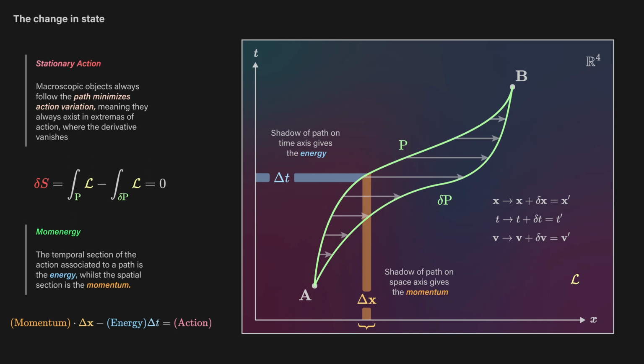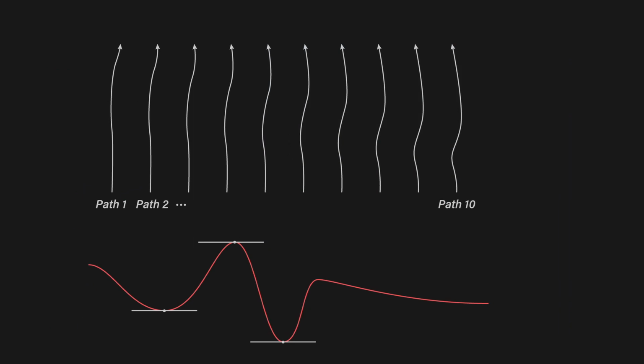What that means is that if you were to plot the action in a graph along the path for each one of these objects, all the possible paths will have different actions. The path where the action locally is an extremum, so the derivative is 0, that's the path that you're going to take.